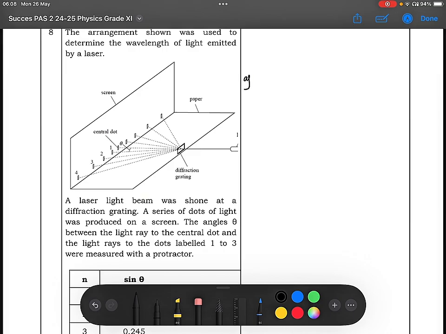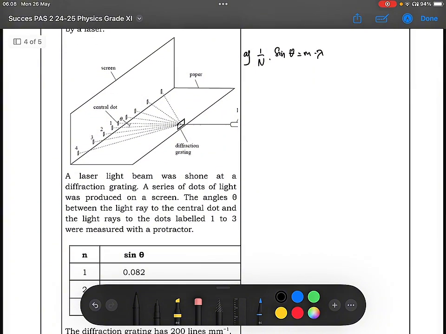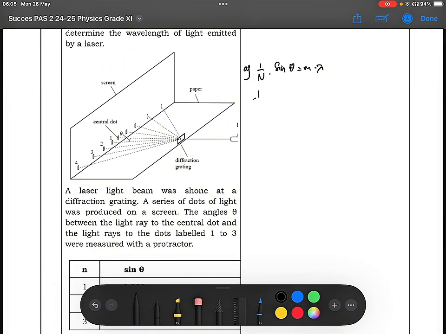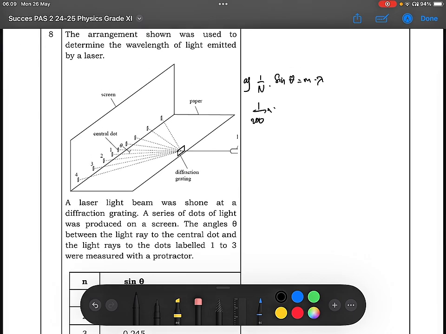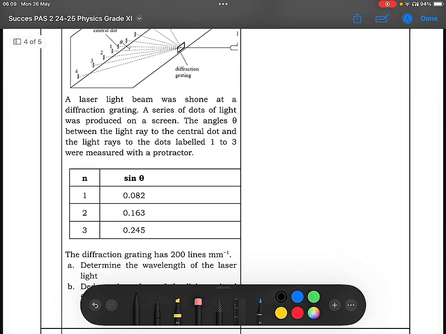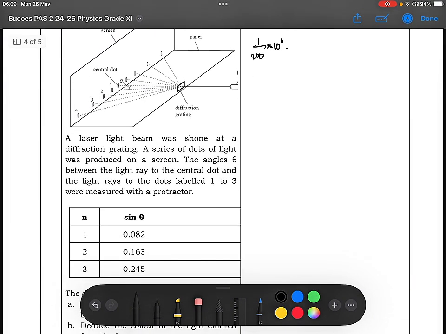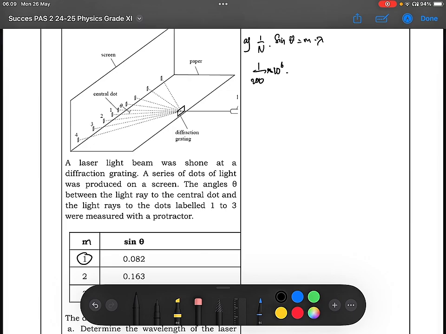For part A, n lambda is d sin theta, with d equal to 1 per 200 lines per millimeter, which you change to nanometer, times 10 to the 5. For the first order, m is 1.